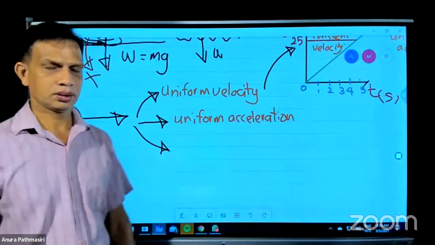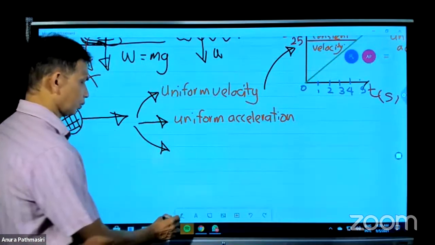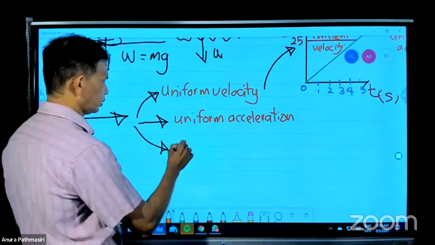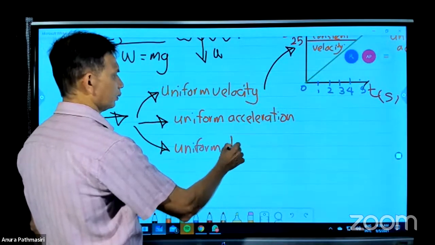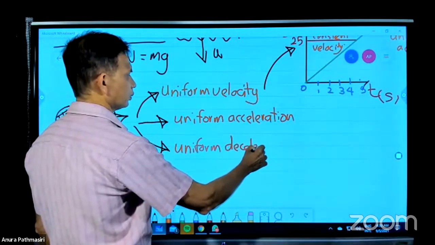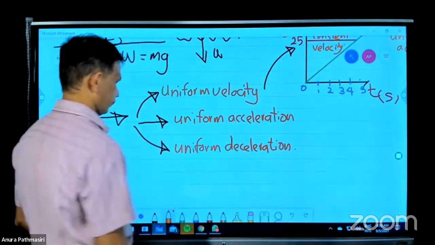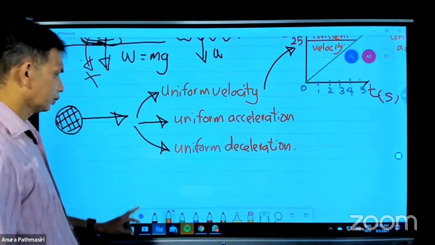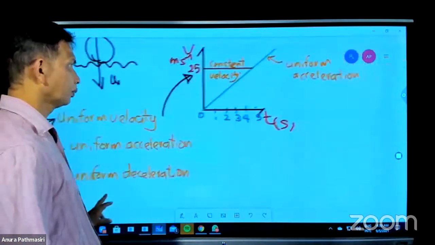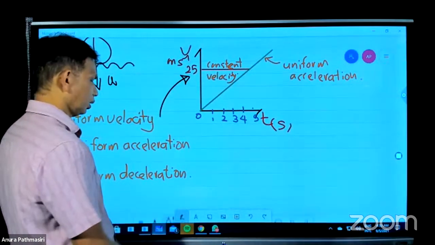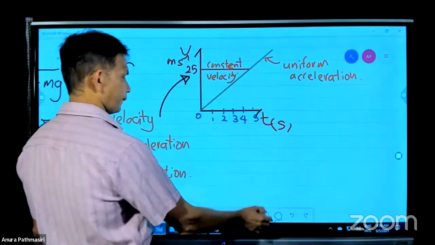Third one is uniform deceleration. Now look at that. Then the object can have uniform deceleration. I will select blue color for that one.